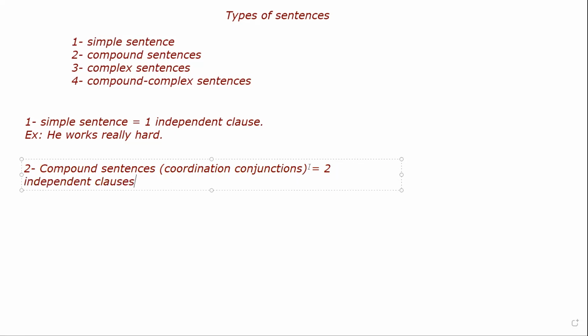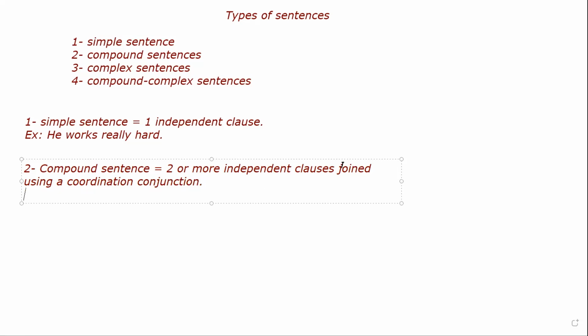Very good. So compound sentence is equal to two or more independent clauses joined using a coordinating conjunction. All right, I hope this is clear. When I give you an example, it will be even clearer. Example.